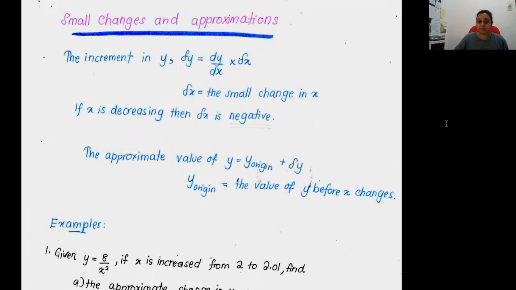Small changes and approximation. Why do we learn small changes and approximation? If I remember, I told y'all in the beginning that engineers use this chapter, maybe architects too.